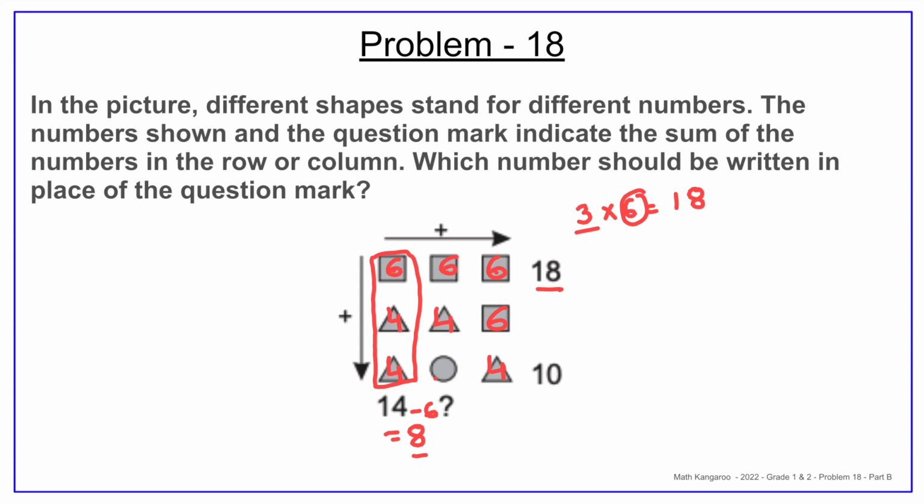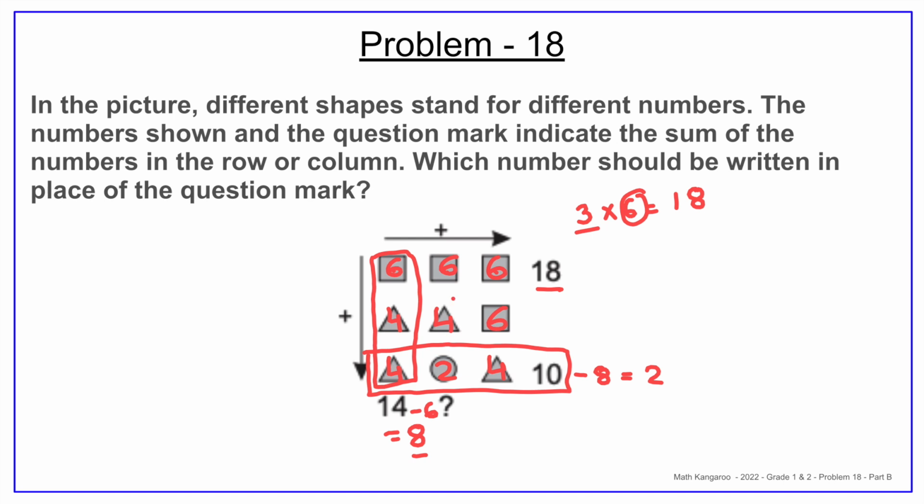Now we have to determine the circle. So we'll go to this one this time. So we have 4, circle, 4, 10. So what is the sum of the triangles? 4 plus 4 is 8. What is remaining? 10 minus 8 gives us 2. So 2 is remaining, that is our circle.